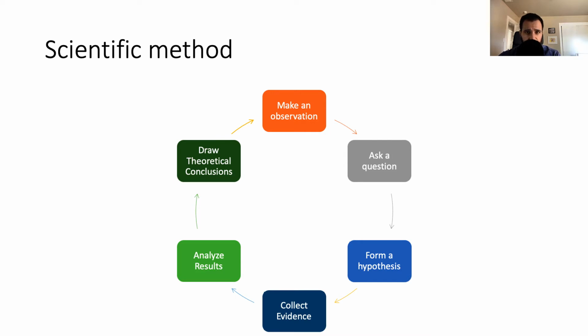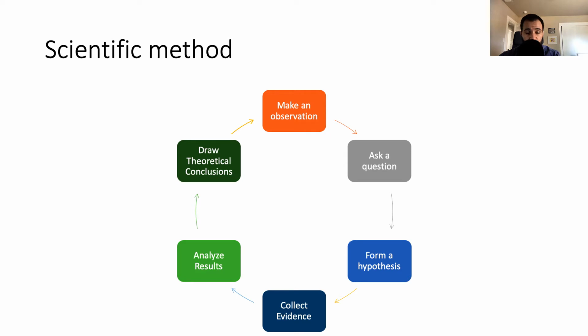But it is a cyclical system, this method, in which scientists start with some germination of an idea. And we've already talked about how those can come from different places. You can think about making a literal observation when walking around day to day, or you could think about it as making an observation in the literature. We talked about those systematic and less systematic methods of inspiration for research ideas.